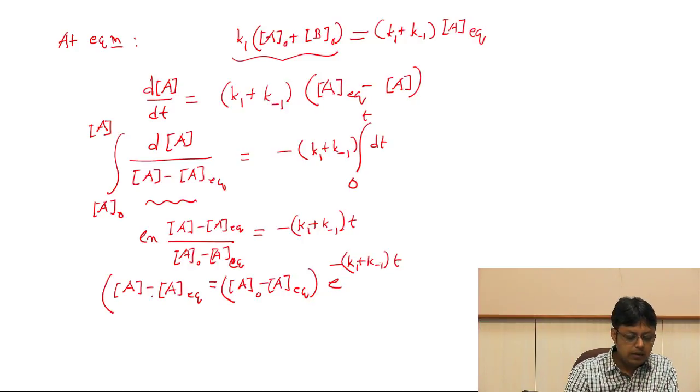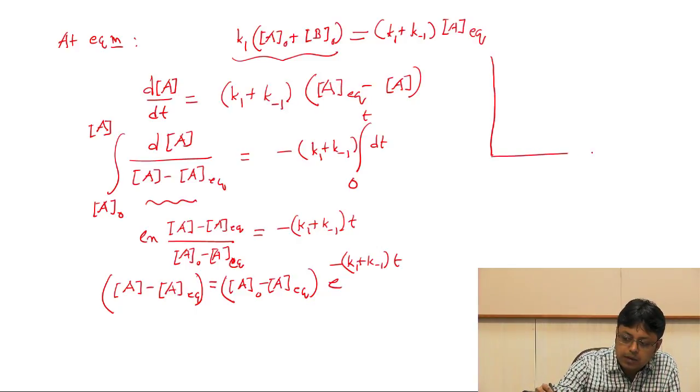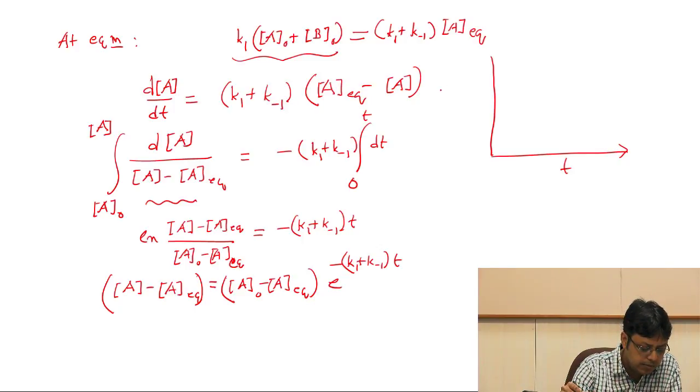So then we can actually plot it like this. Suppose, with respect to time, we are plotting A0 minus A equilibrium, or you can plot A by A0.